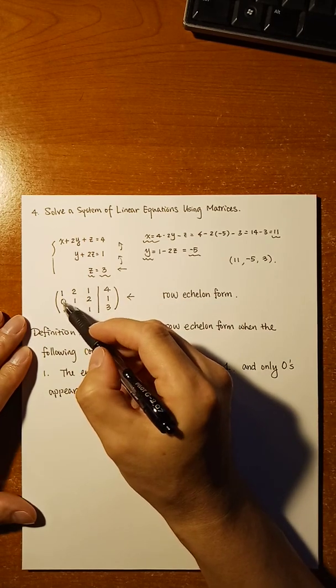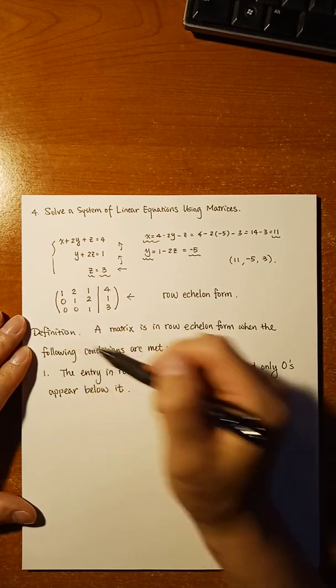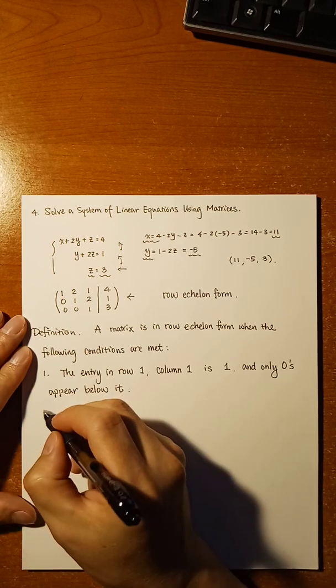So this is a 1, and below it they must always be 0.